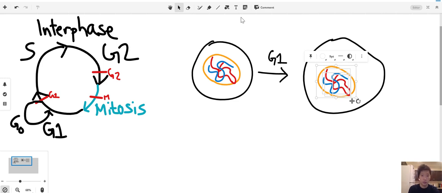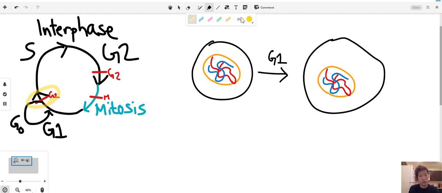Okay. At this G1 checkpoint here, the cell is actually going to check for DNA damage, because if the DNA has been damaged, it does not want to replicate damaged DNA and essentially copy all of those errors. So that's a big part of the G1 checkpoint.